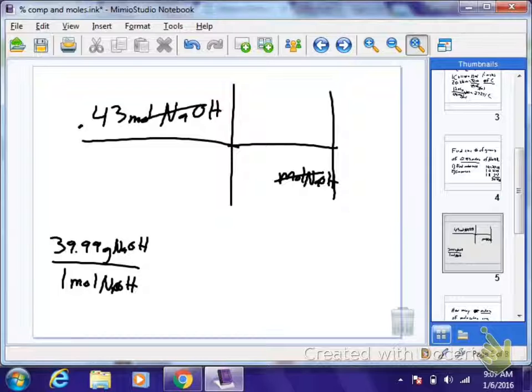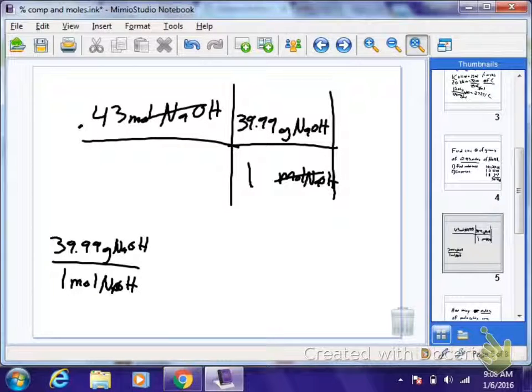Okay, I want to find grams of NaOH. They go up here. So I haven't put any numbers in yet. Then what I would do is I just go here, and that's my ratio. For every 1 mole, I have 39.99 grams of NaOH. Or 40, if you want to put it. It's probably not going to affect the answer anymore.